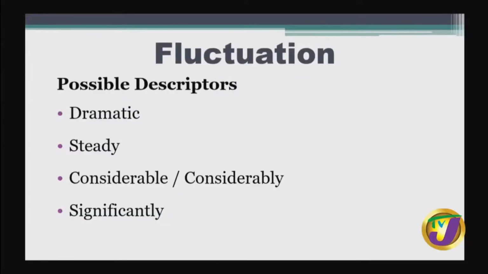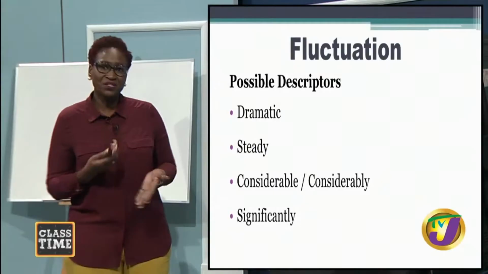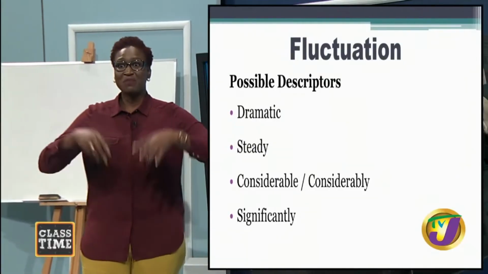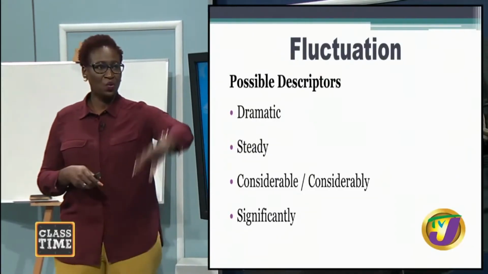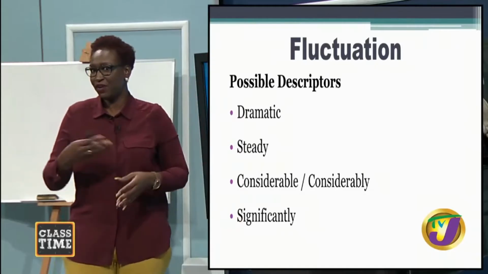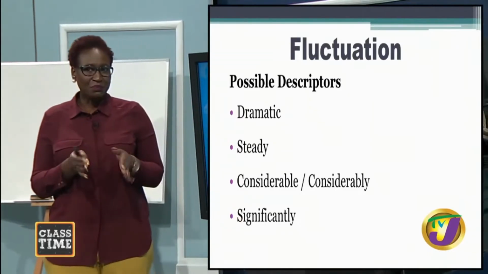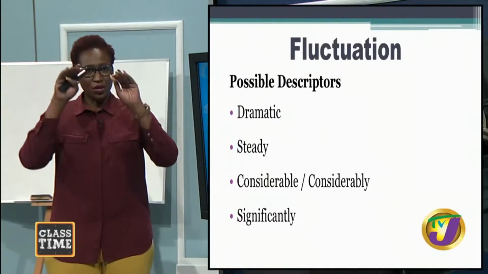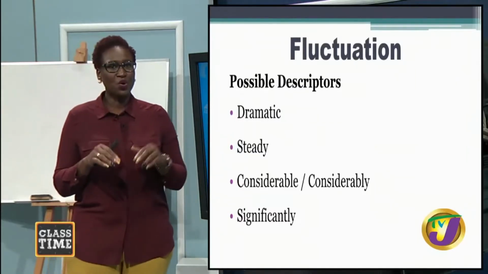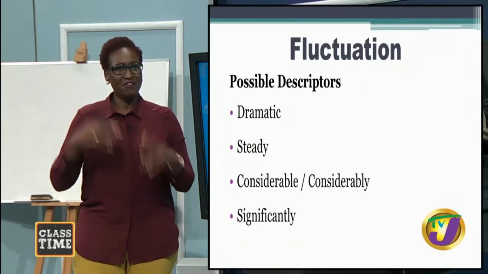Now, of course, you need to talk about fluctuation, because you will have fluctuation in your data. How you can describe it depends on the rate of fluctuation. So was it dramatic, meaning you had a very high figure followed by a very low figure, or vice versa? Was it steady, meaning it kept going up or down, but it didn't go up or down in a very erratic way?